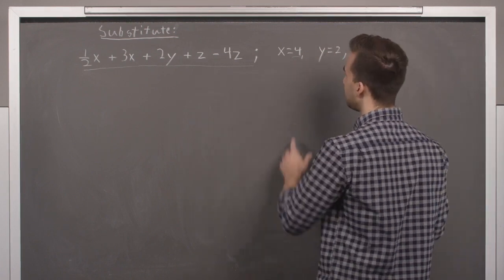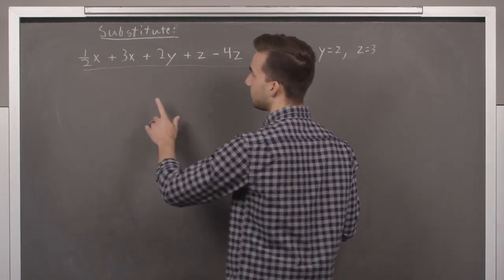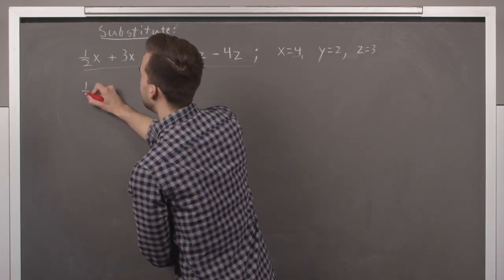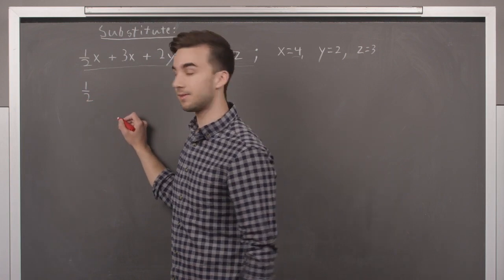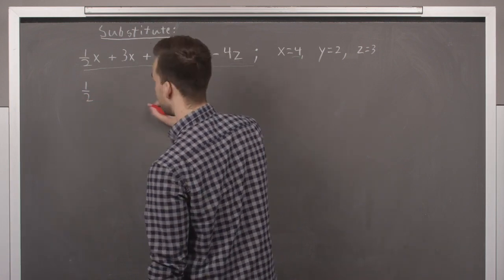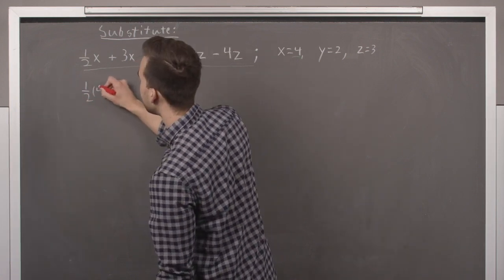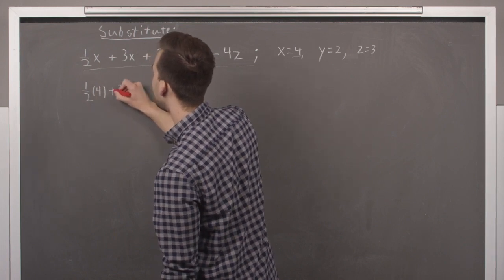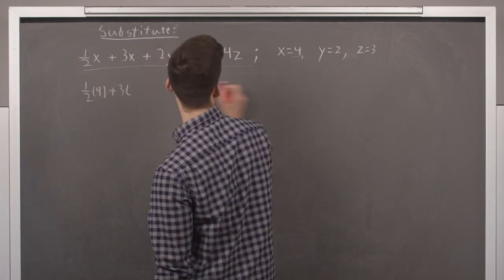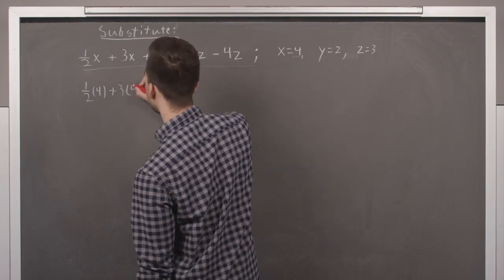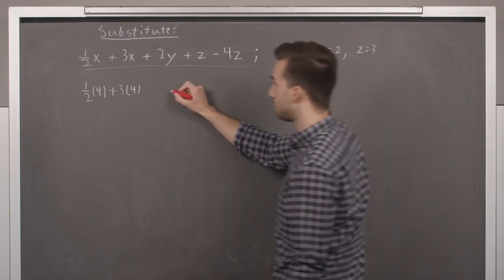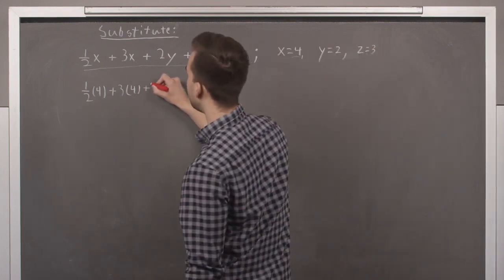So for our x's, let's just go through our expression. We have 1/2 times our x value. What is our x value? It is 4, plus 3 times our x value. X value is 4. And then we have plus 2 times our y value.